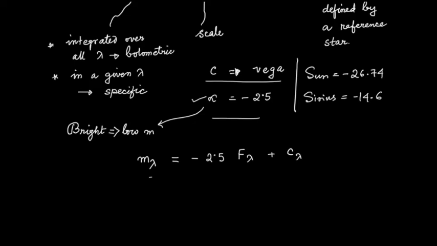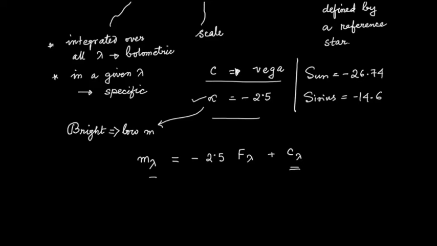And now this lambda is a certain wavelength region. It's not a single wavelength again, it's a wavelength region, and that wavelength region is selected by putting a physical filter, a colored glass in the optical path of the telescope. And depending on the property of that colored glass, I have to change the definition of C lambda. Okay, so it's not fixed, because if you go to different places in different observatories, they will obviously use different physical filters, and that will give rise to different definitions of the magnitude.